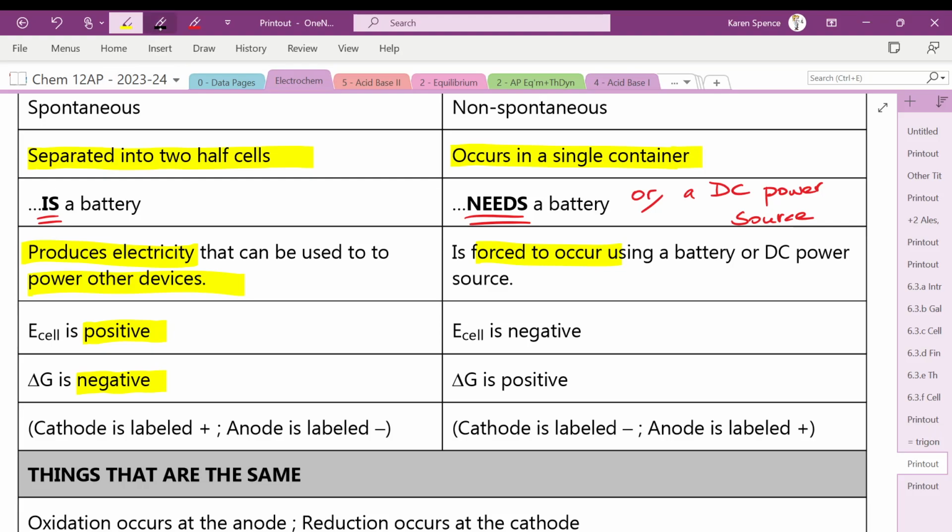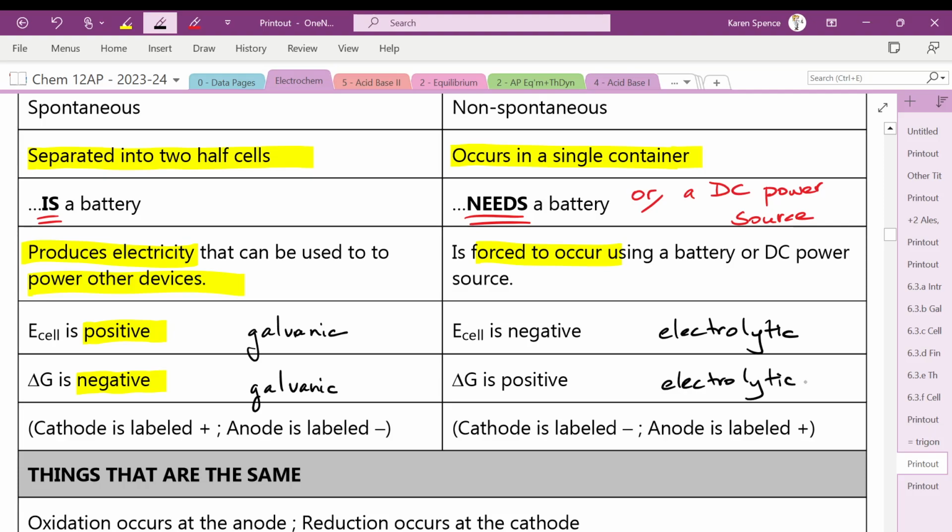This is for your galvanic cell. All of these on this side are galvanic. And for these two over here, we have a negative cell voltage, and that is electrolytic. If delta G is positive, we have an electrolytic cell.